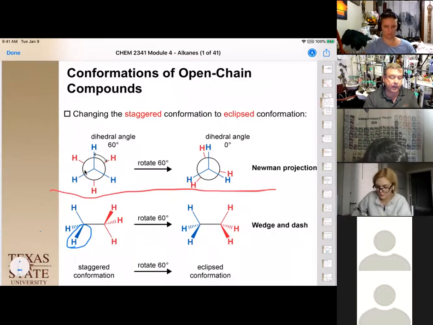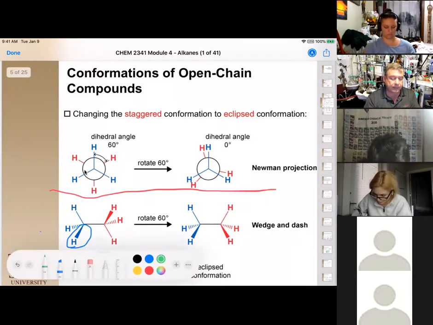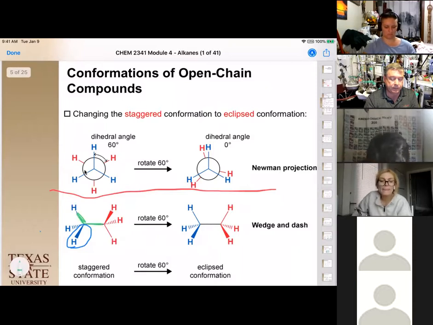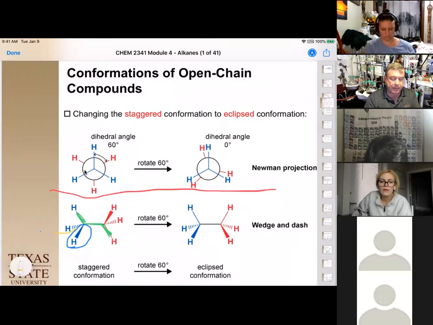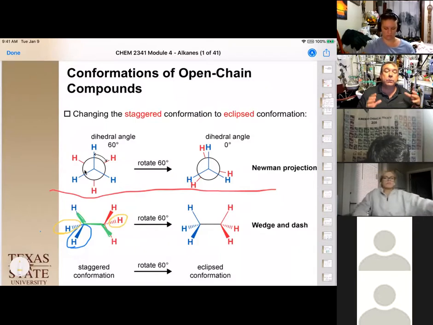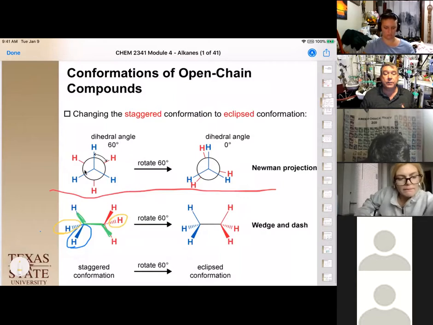A straight line indicates that it is in the plane of the paper. And a dashed line indicates it's behind the plane of the paper. So that's how we get that 3-dimensionality with those dashed wedges and those solid wedges.